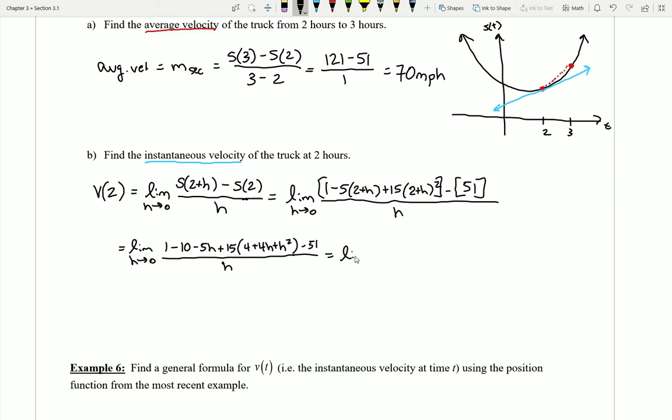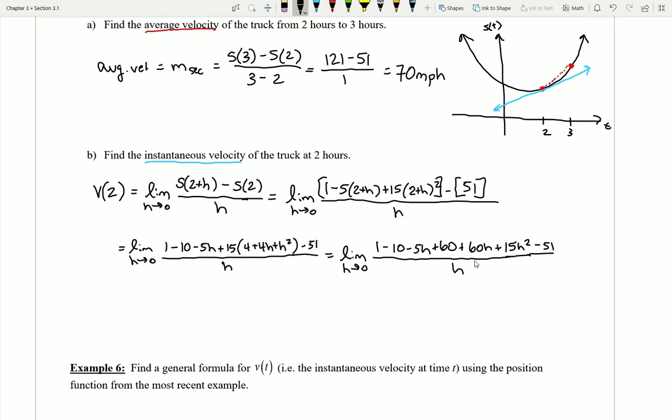Let's keep simplifying. I can now distribute that 15. So I get 1 minus 10 minus 5h, plus 60, plus 60h, plus 15h squared, and I still have minus 51.